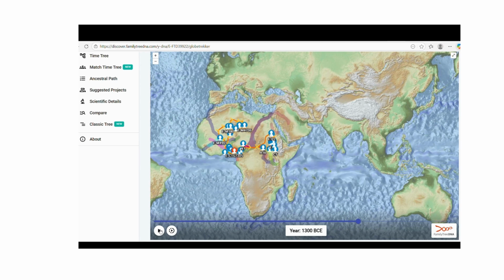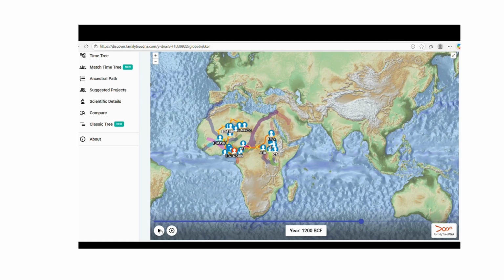Okay, so you'll see we're now at 1300 BCE, and that line went from Egypt to Israel, that dark purple line in 1300 BCE. That is the exact time frame of the Exodus. And for those who are not aware, at the top there of the map is where Egypt and Israel is.